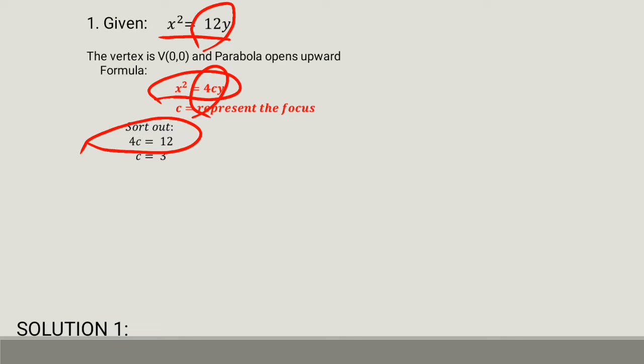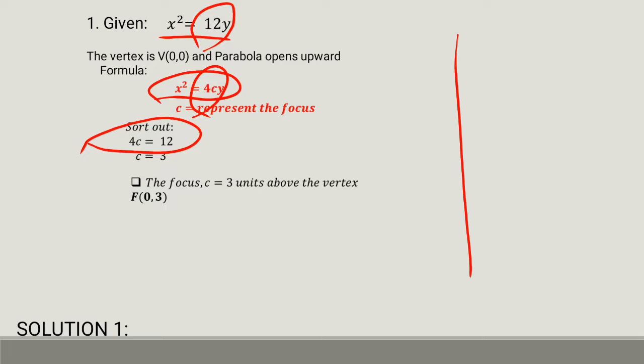So, makukuha natin yung value ng c, which is 3. Then, next, makukuha natin yung value ng focus natin that is 3 units above the vertex. So, kung meron tayong 3 units above the vertex, then, meron tayong value ng focus that is (0, 3).